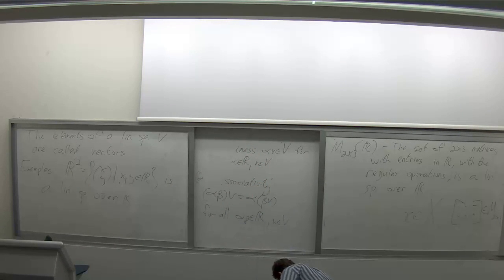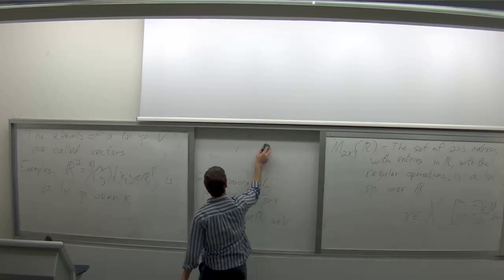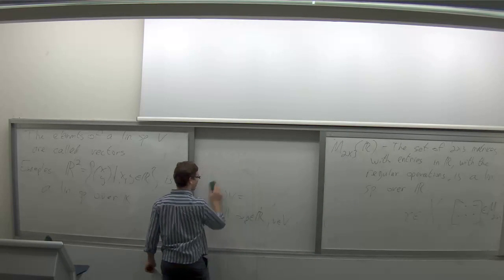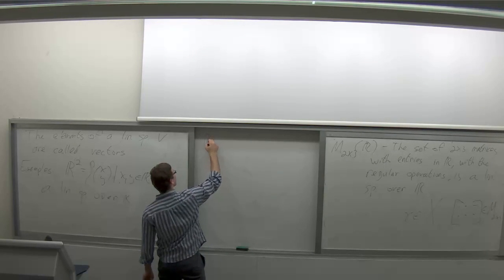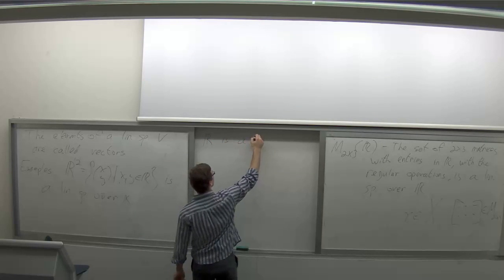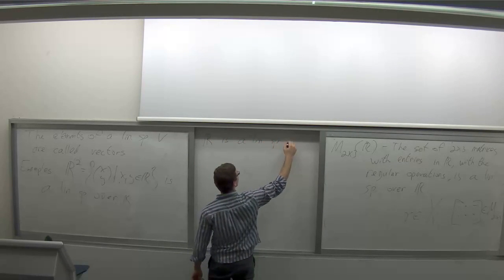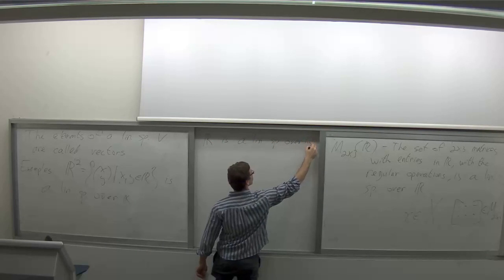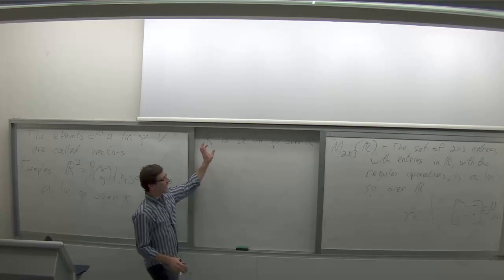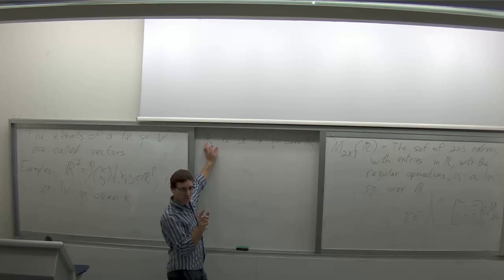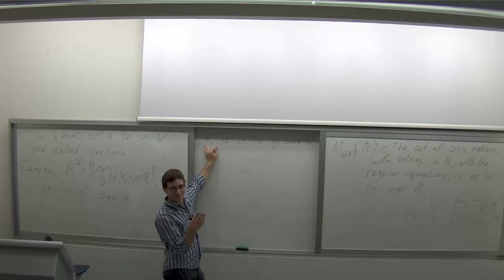In case things were not confusing enough as to what are the vectors and what are the scalars and what are the elements, note that R is a linear space over R. Think of R as the set of elements. These are going to be the vectors, and we know how to add two elements in R, which means we have this summation operation.